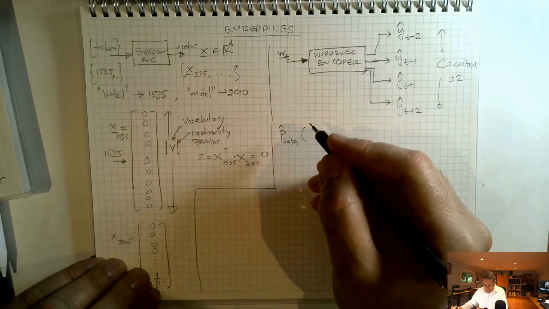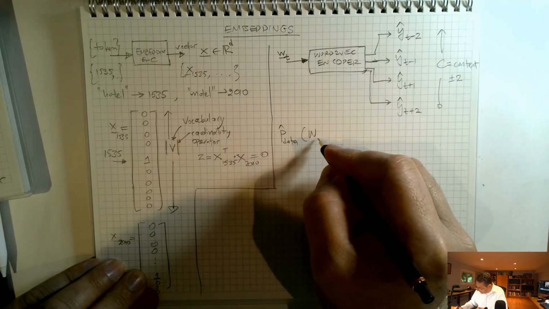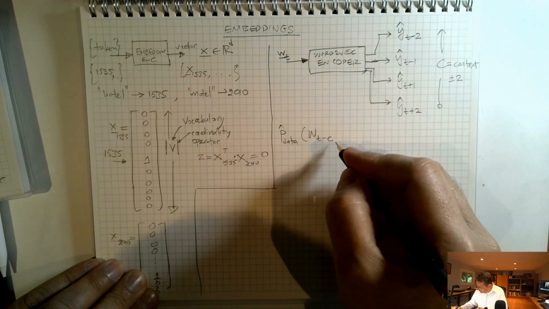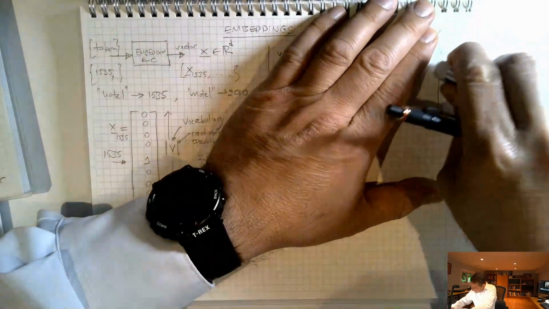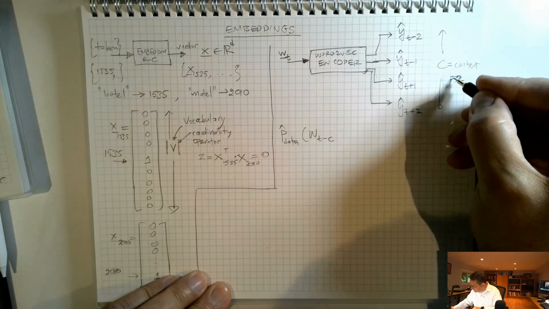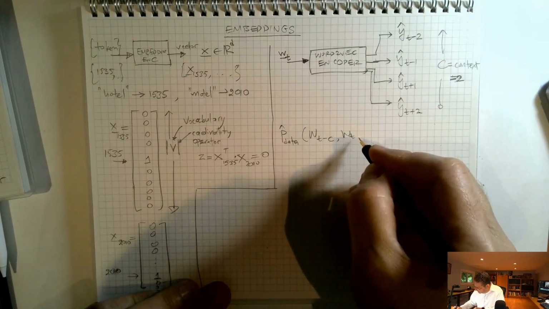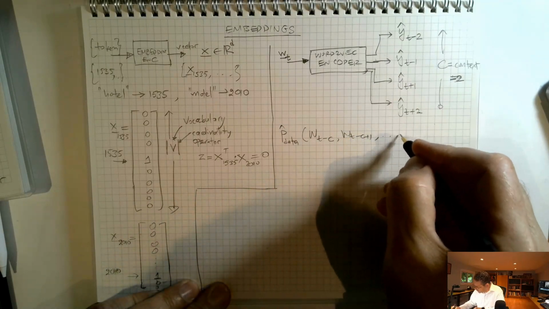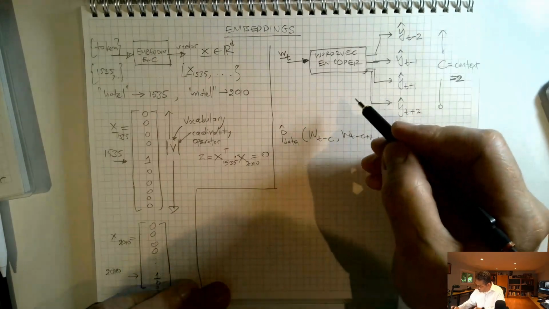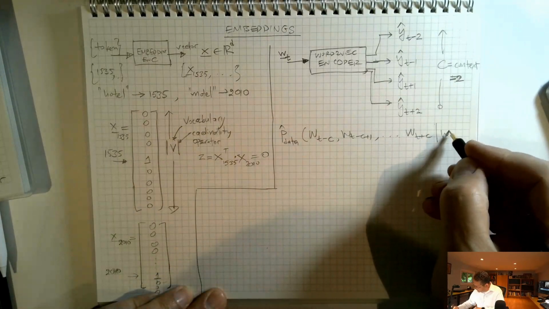In this P data hat we have, let's say, W t minus C. In fact, C in this case will be just 2, W t minus C plus 1, dot dot dot, W t plus C. These are all the words that are in the context of the center word W t, given W t.